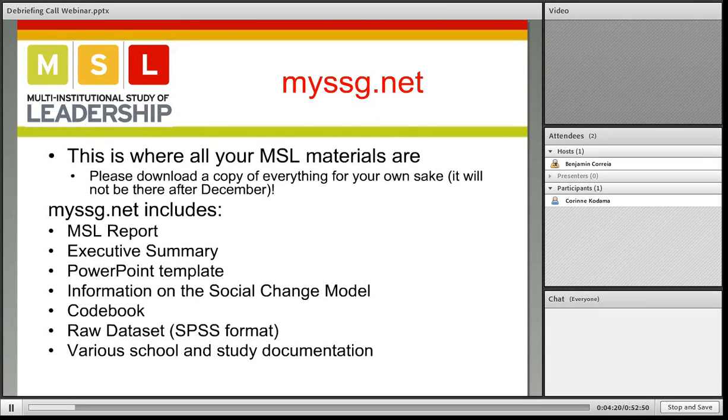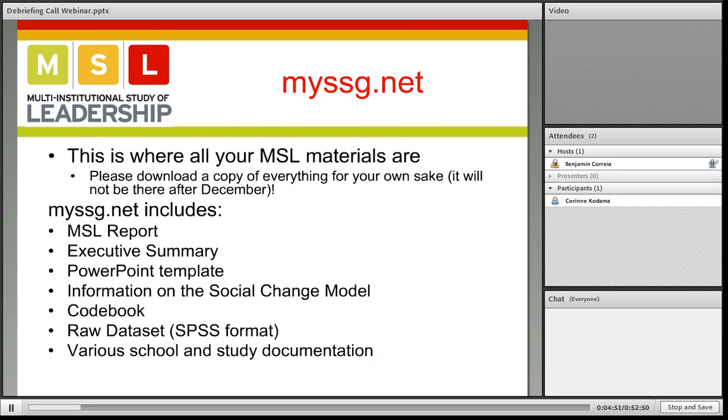On myssg.net, you should see your MSL report that we'll be going through today, an executive summary, and a PowerPoint template. The PowerPoint template is to help you disseminate your information across campus. It is just a template that you can fill in with your own information, picking and choosing slides that you would like to share with your community. There are also various documents with information about the social change model of leadership, the code book for the MSL, and your raw data set.